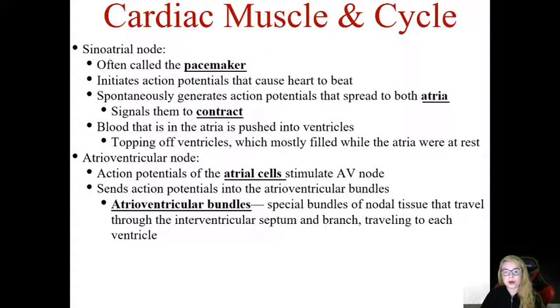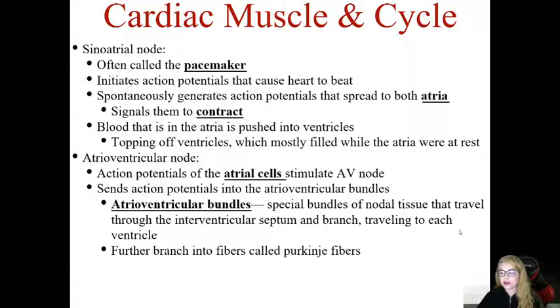If you think back to our previous video, that interventricular septum is the division between the left and right ventricles. This is in the middle, running down the front side of the heart, or the anterior side, and it branches traveling to each ventricle.